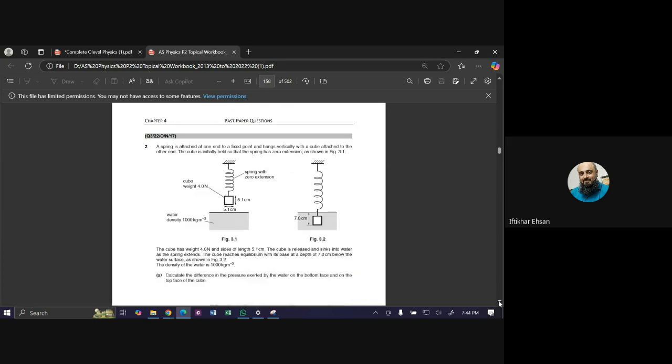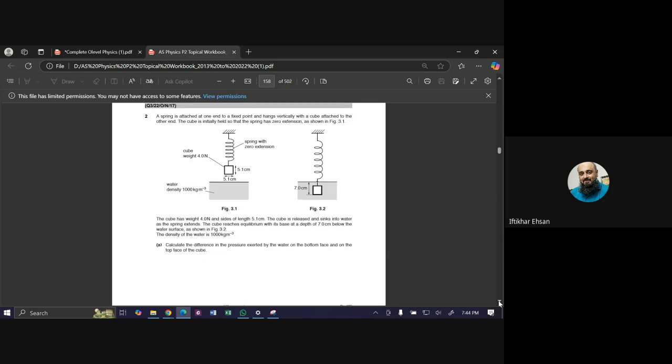Now, any other question of your choice? Can we do this question? What do you think? Okay. So a spring is there and it's a squarish, cubic object. Yes, it is a cube, right? The cube is initially held so the spring has zero extension. It is held so there is zero extension and the density of the water is given.